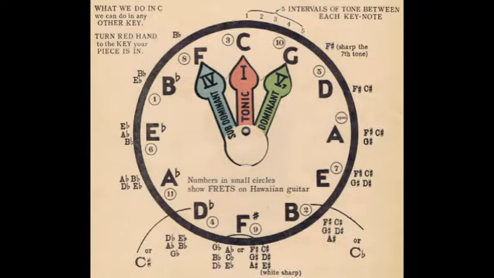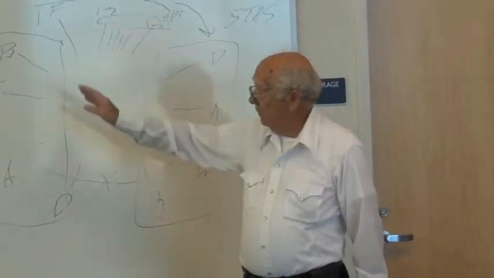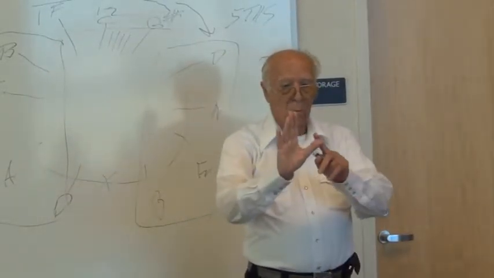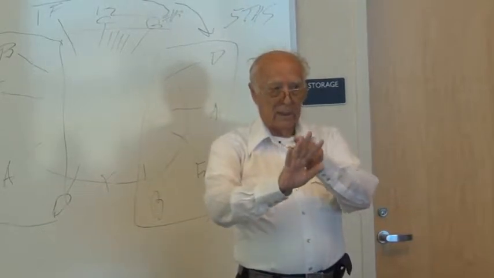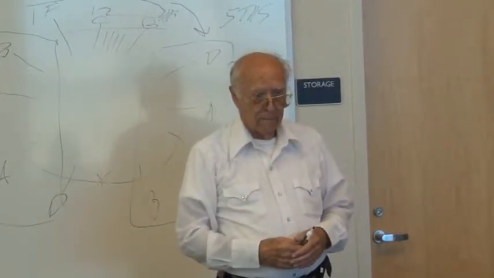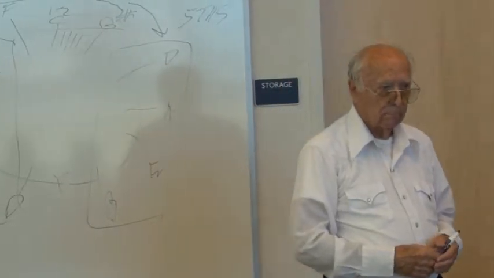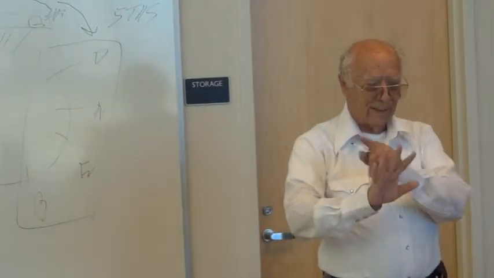So again, count 4. 1, 2, 3, 4. C, D, E, F. This side is the fourth side, circle of fourths. Circle of fifths going this way. So you got C. So this way you're going to count 4. 1, 2, 3, 4. C, D, E, F.